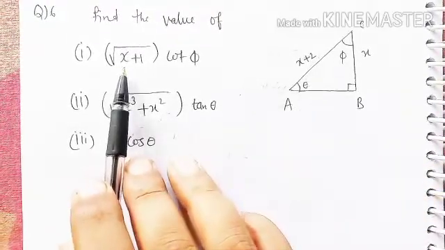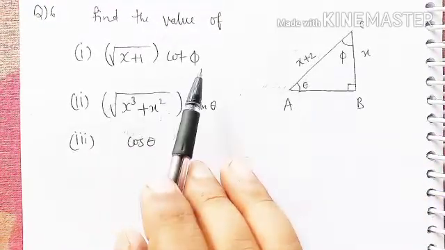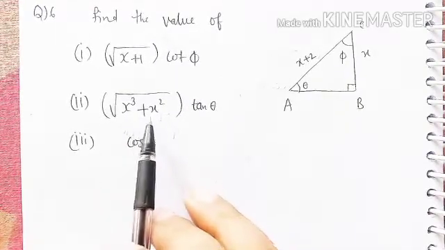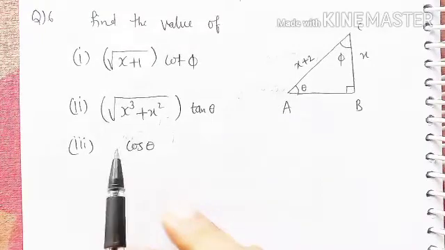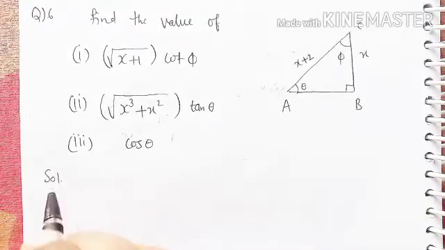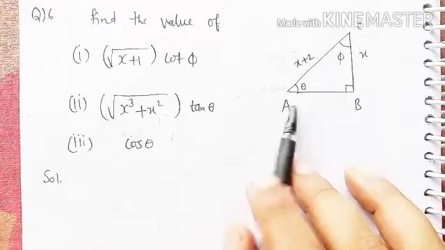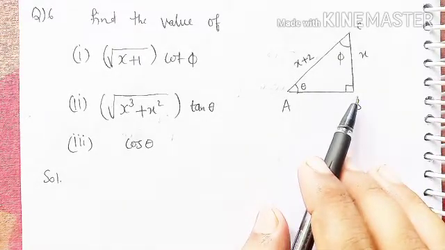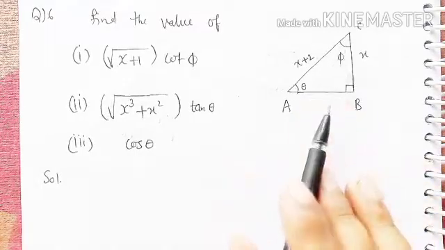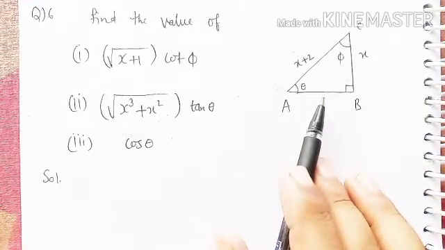You have to find the value of square root of x plus 1 into cot phi, and square root of x cube plus x square into tan theta, and cos theta. See, we have to find AB so that we can find perpendicular for phi and base for theta.